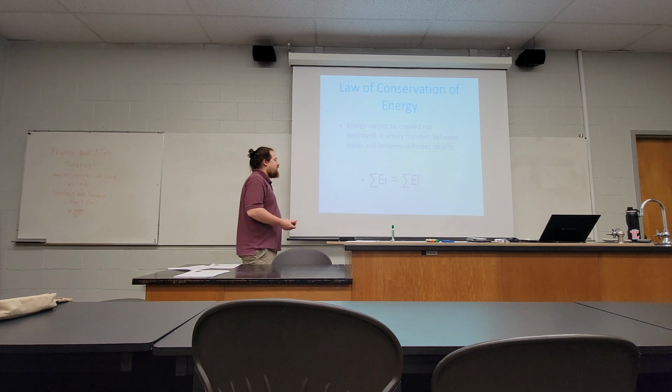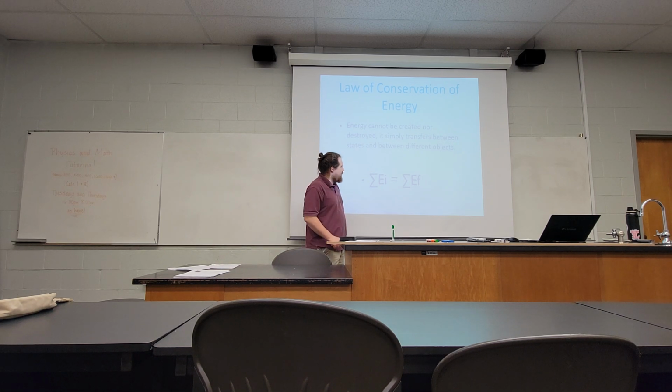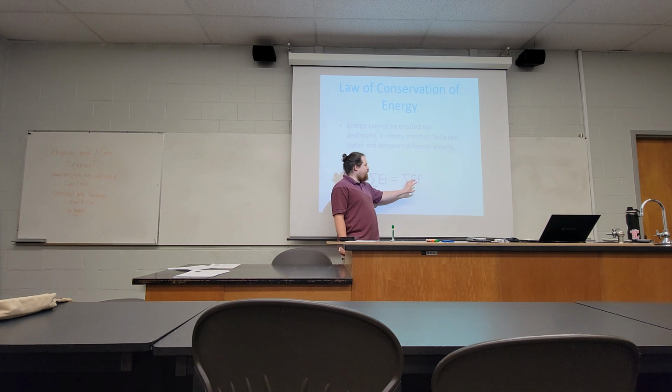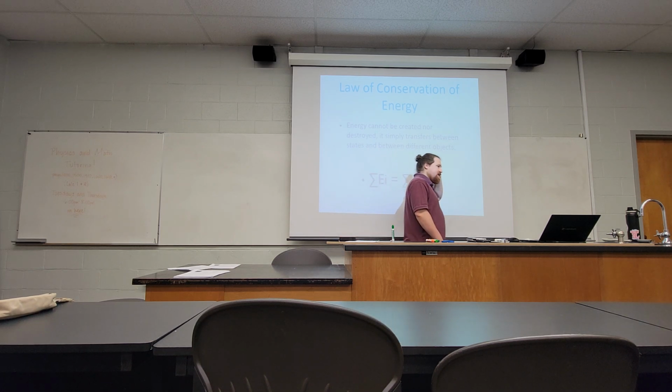For the sake of our math in this class, that's going to mean that the total initial energy in whatever system you're examining, total of every single form that object can possess added together, is going to equal the final total of all of the forms that object can possess added together.